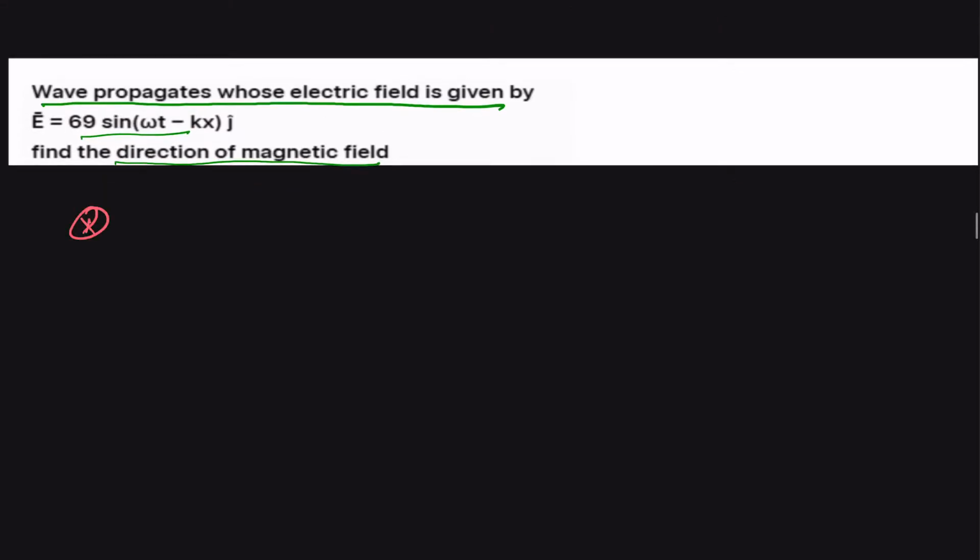It states that a wave propagates whose electric field is given by the equation. Find the direction of the magnetic field. First of all, we are going to find out the direction of propagation.